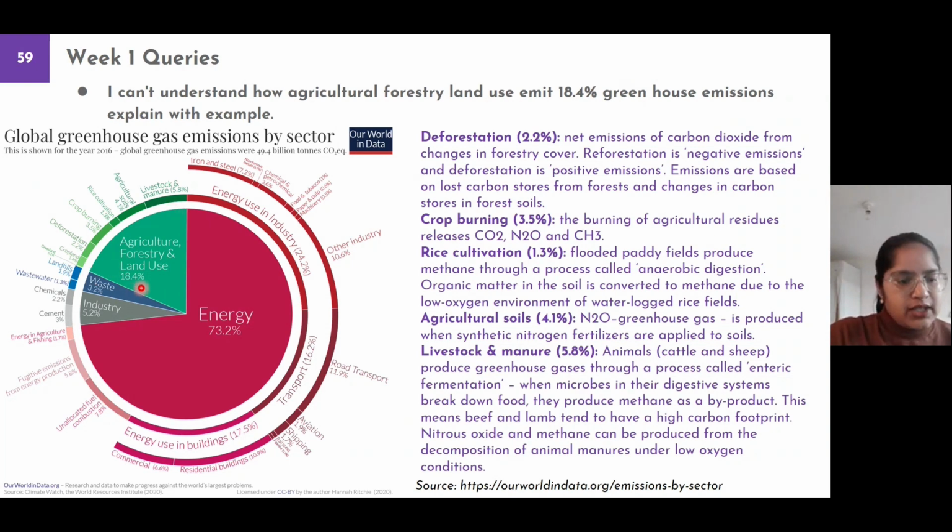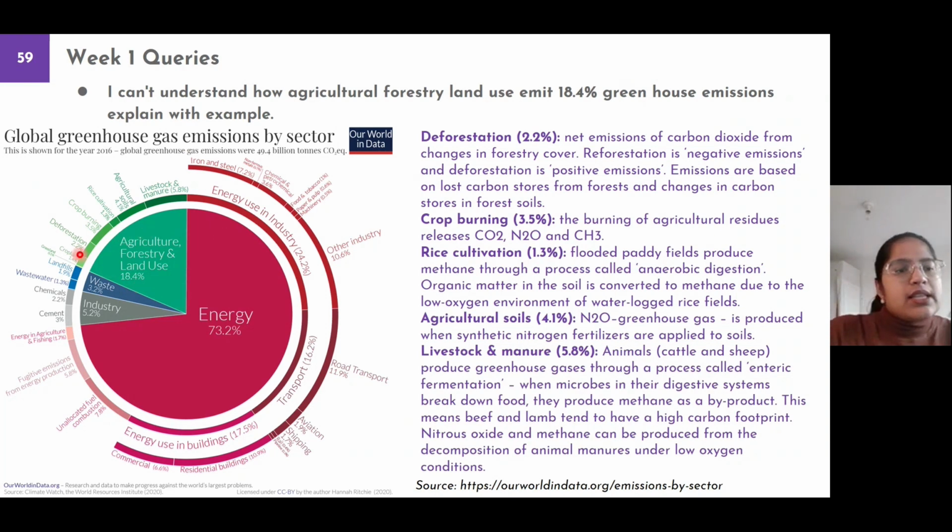So this is based on the measured data, and the source for this was the World Resources Institute 2022, in which they measured these emissions for these different sectors. So how these different sectors contribute to the total agriculture, forestry, and land use is as follows.